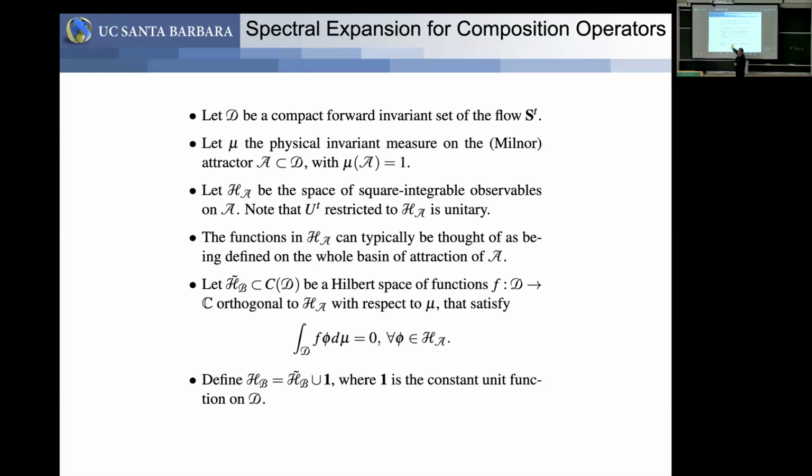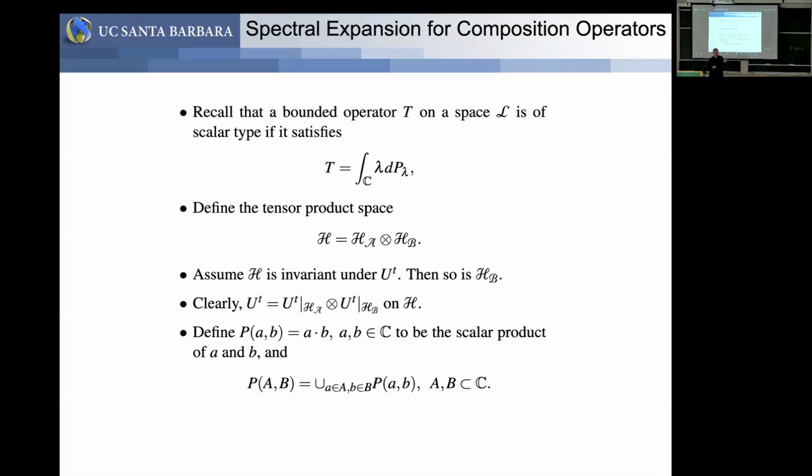We're going to append the unit constant function, because you need that for the tensor product space, and work with that. You need a little bit of classical functional analysis, in the sense that a bounded operator is called scalar type if it satisfies that property. That is just a diagonalization property. If we got a spectral expansion for a matrix A, it would be the sum of lambdas times the projection times eigenvectors times some constants.